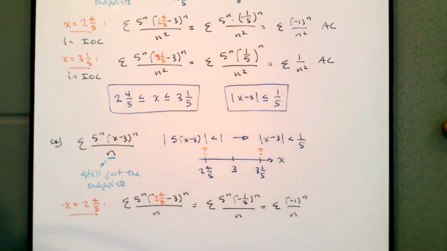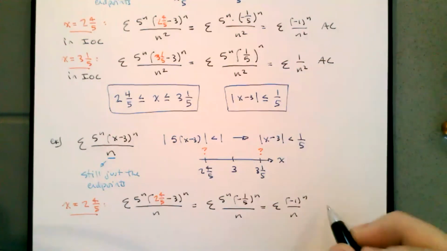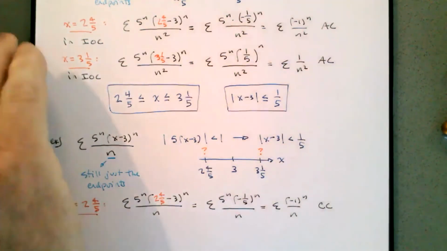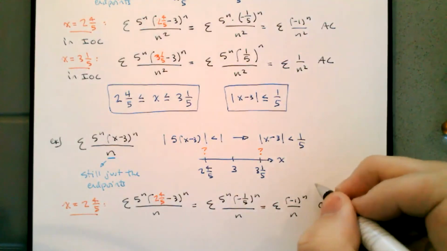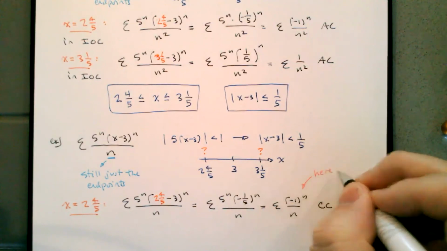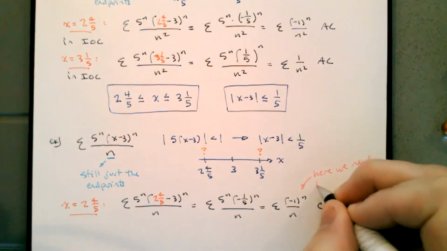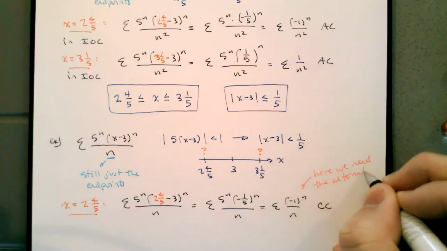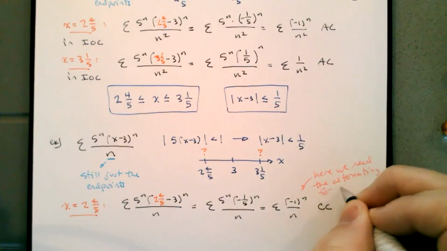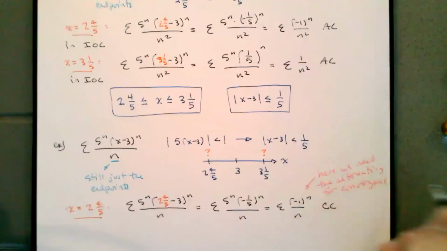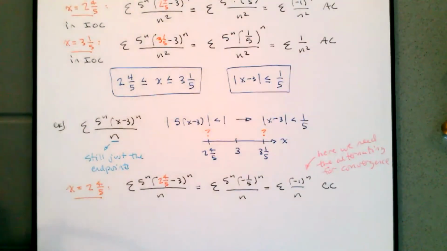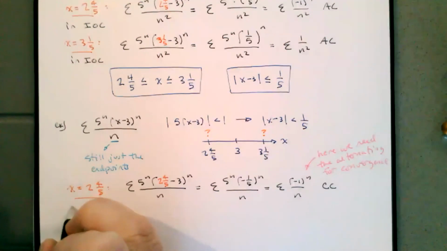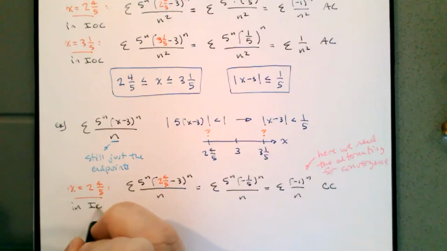So I get the alternating harmonic series at the 2 4/5 endpoint, which is conditionally convergent. Here, we need the alternating. It's the alternating that gives us convergence. But convergence is convergence. 2 4/5 is in the interval of convergence.